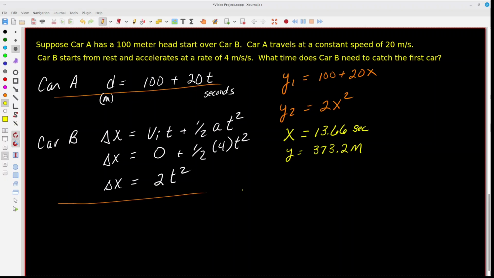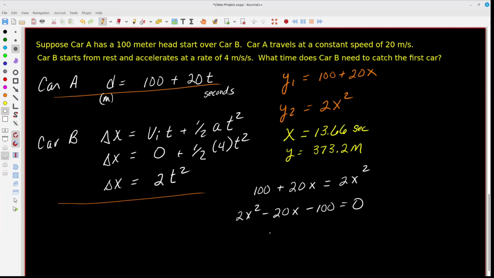Okay, we can set these two equations equal to each other. Then I would have 100 plus 20x is equal to 2x squared. We can set this into a quadratic format. So this would be 2x squared minus 20x minus 100 equals 0. I can solve this quadratic equation.